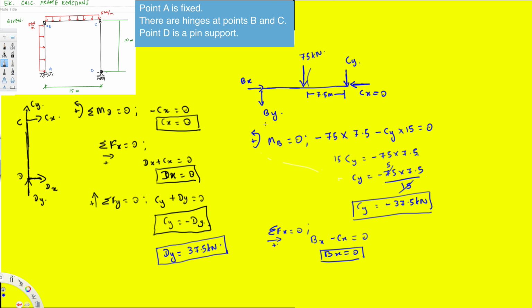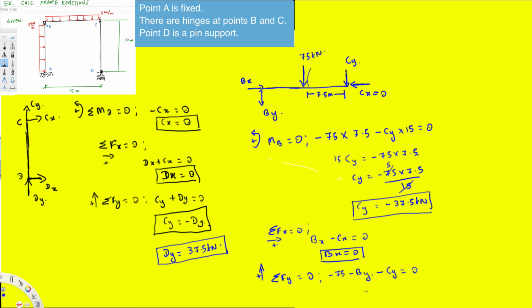Then we can find the By by taking summation of Fy. Summation of Fy is equal to 0, and if I take upper direction positive, we have 75 acting in the down direction, so it's going to be negative 75 plus By. Also we have Cy acting in the downward direction, so it's going to be minus Cy equal to 0.